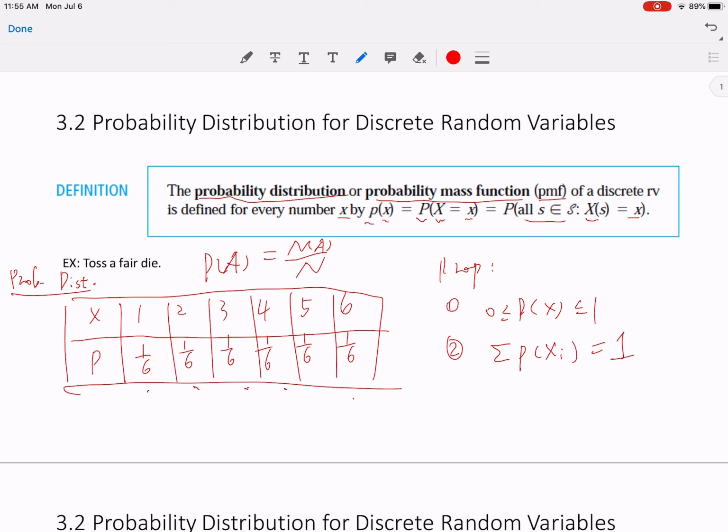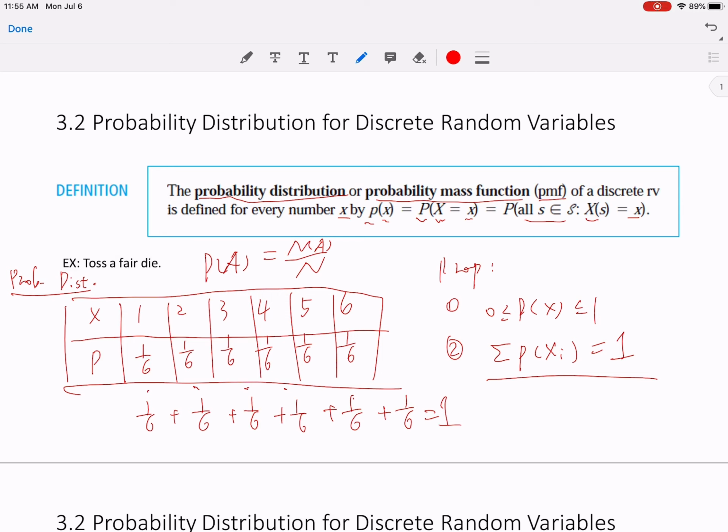So basically, if you add them all up, 1 over 6 plus 1 over 6 plus 1 over 6 plus 1 over 6 plus 1 over 6 plus 1 over 6 will give us 1. The sum of all probabilities in the probability distribution is always equal to 1.